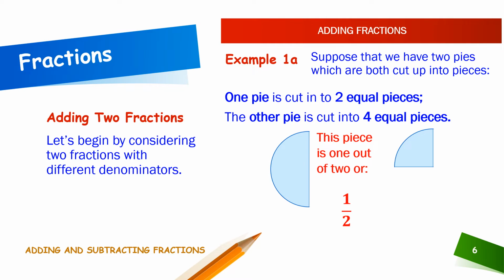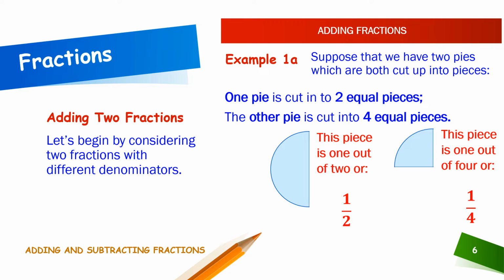This piece is 1 out of 2, or 1 over 2. And this piece is 1 out of 4, or 1 over 4. Clearly, the 2 pieces are different sizes, so it is not straightforward adding 1/2 to 1/4.